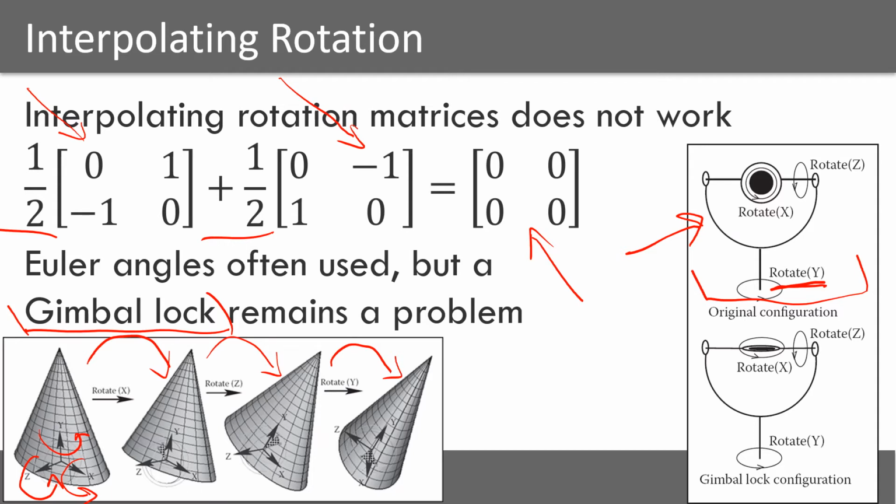However, if we rotate around the z-axis, then we are not rotating around the y-axis, we are rotating around z, and we are rotating around x. And when we are rotating only around x, we will not be rotating around any other axis.